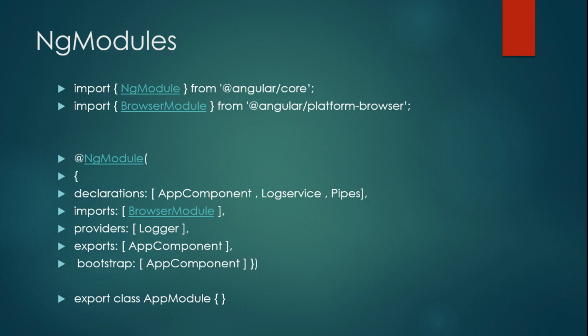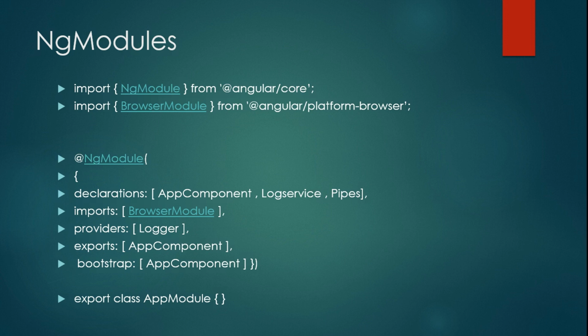Also we can import selected components from other modules which are exported. Those modules must be defined in the imports, so that they are available for components which are scoped in this NgModule.